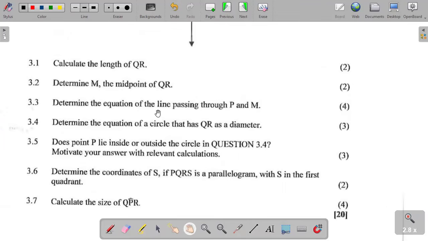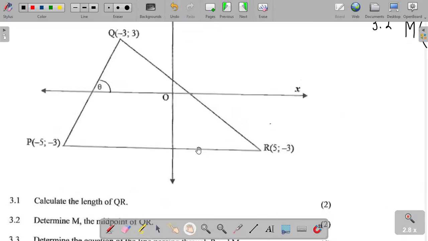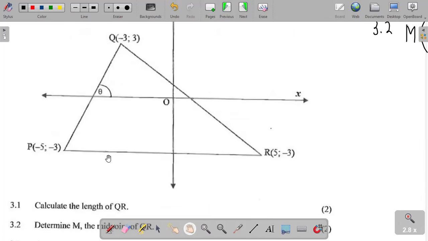Determine the equation of the line passing through P and M. Okay. So meaning that it passes through the midpoint here somewhere, so that line passes through P and M there. Okay. So we have to find the gradient of that line, and that's the first thing.